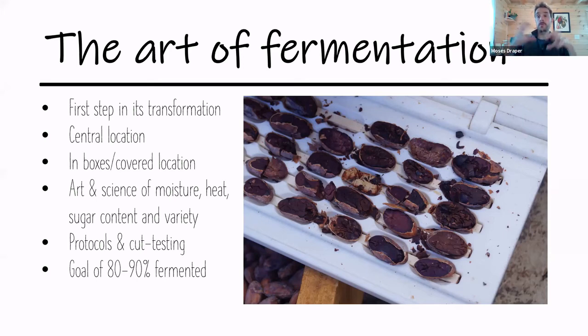The fruit is all thrown into the fermentation pile, and different varieties of cacao have different fermentation times. When fermentation is done well, either at the farm, or smaller cooperatives or smaller farms will do that collectively at a location. They develop protocols for their own particular variety or genetics.